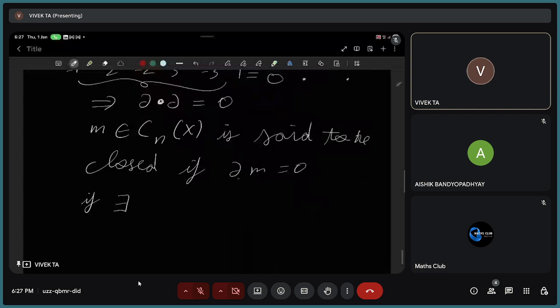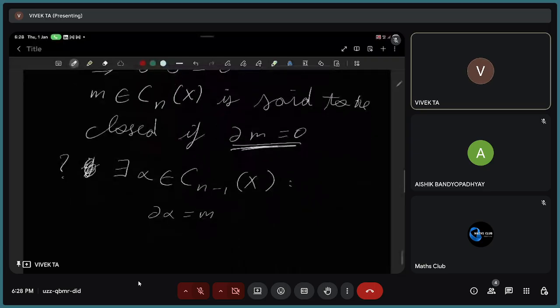So does this being closed imply there exists an alpha belonging to Cn minus 1 of x such that del alpha equals m? So if del m is 0, does that imply it is in fact the boundary of something else?